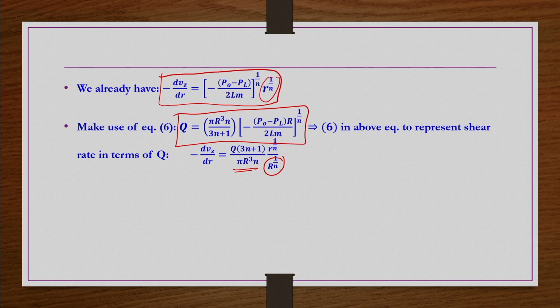So, simply this equation number 6 we are using in this above equation here, so that minus dVz by dr we can represent in terms of volumetric flow rate. That is the thing that we are doing, because in general you know the volumetric flow rate. So, then that directly you can substitute and get the shear rate information.